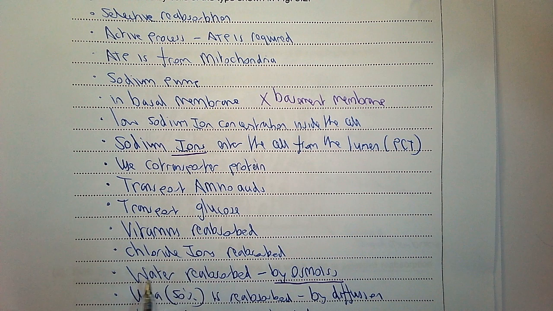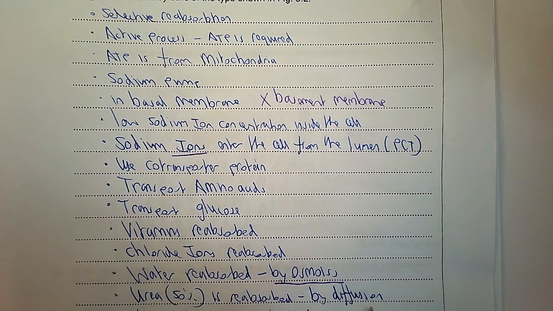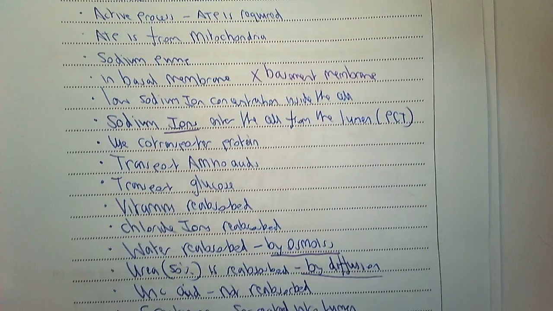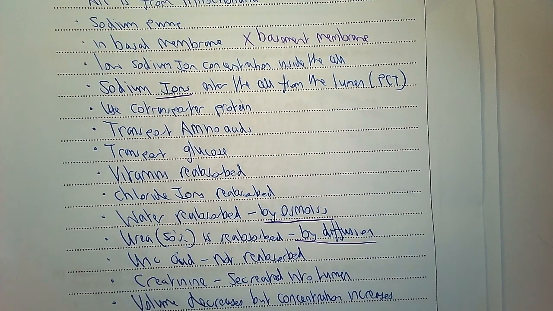Vitamins are reabsorbed, chloride ions are reabsorbed, water is reabsorbed by osmosis, urea is reabsorbed by diffusion, uric acid is not reabsorbed, creatinine is actually secreted into the lumen, so from the blood into the filtrate inside the PCT, and the volume decreases inside the lumen of the PCT, but the concentration increases.